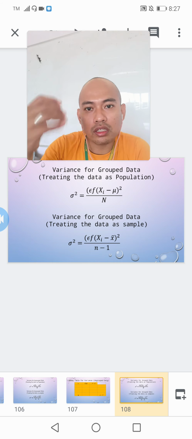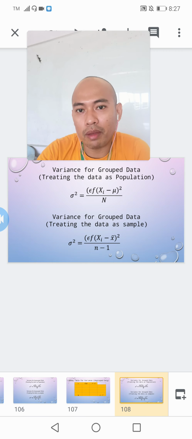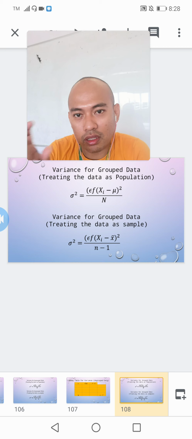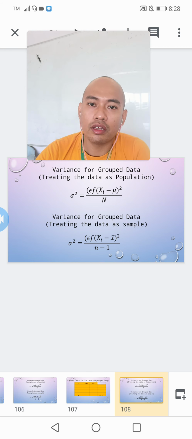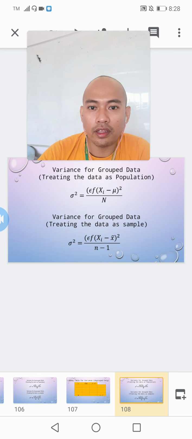To at least eliminate possible error of this sample representing the population, we need to subtract 1 from that particular n. This is what we call the degrees of freedom. So the difference of the variance for grouped data for population and sample is the denominator.